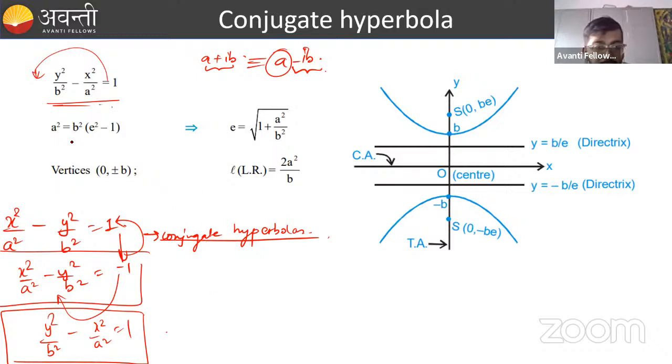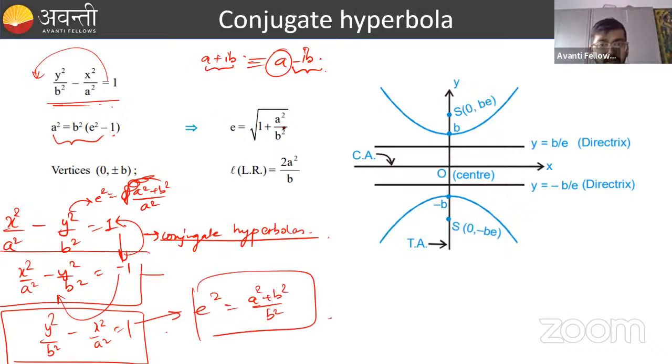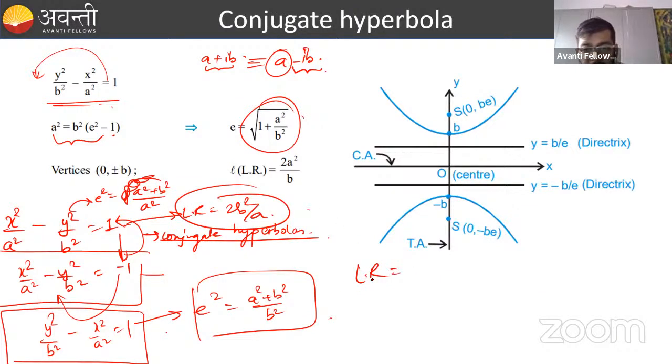Now in the previous one we already studied that e square in this hyperbola is (a square plus b square) by a square. In this one, e square will be (a square plus b square) upon b square, right? So this is the difference. You can see here the length of the latus rectum in this one was 2b square by a. In this one the latus rectum will be 2a square by b.